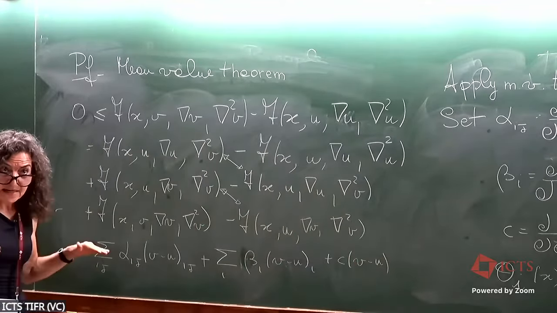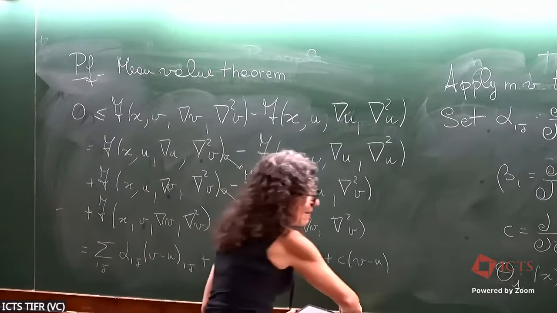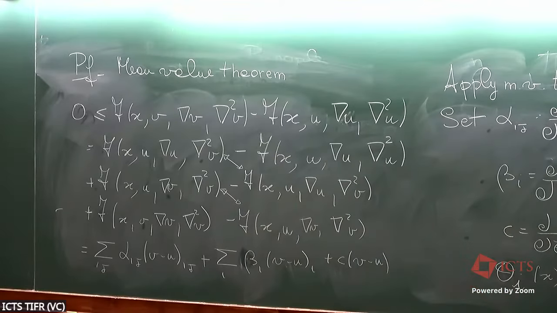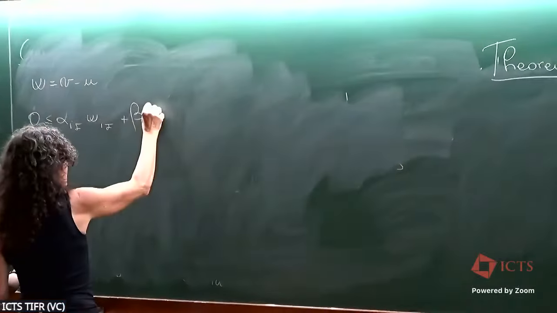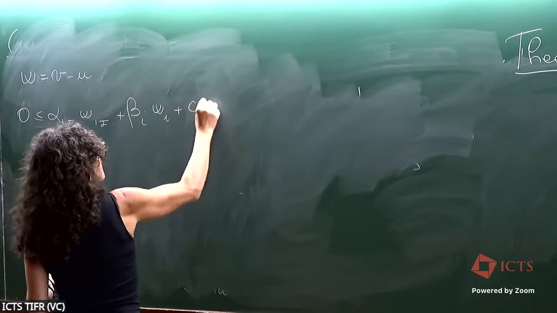So it's a linear equation in, let's say, w. So if you write w equal to v minus u, you have 0 less than or equal to alpha_ij w_ij plus beta_i w_i plus c w.